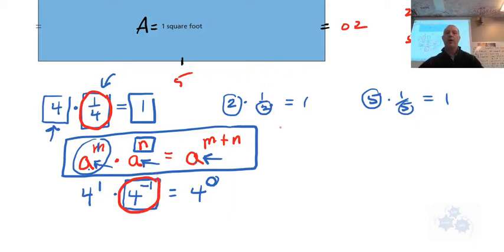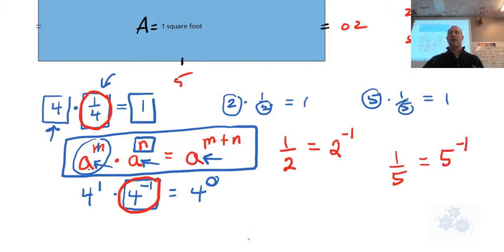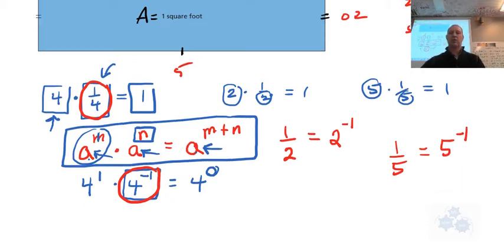Okay? 1 over 2 is equal to what then? 2 to the power of what? Negative 1. Yeah. 1 over 5 is equal to what? 5 to the power of? Negative 1. Okay, so now you're seeing how negative exponents sort of work.